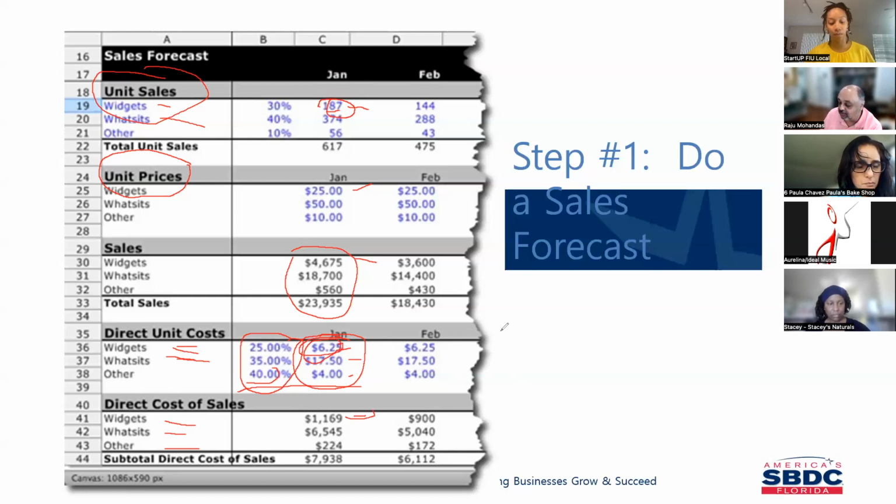So as you can see, mind you, there are hundreds and thousands of spreadsheets available on this on Google. All you need to know is this number, and what the direct unit costs are. Three pieces you need to know. The rest is done for you. You don't even have to figure it out, okay?